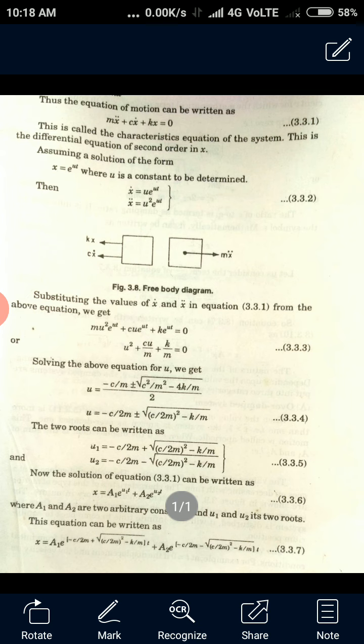Now substitute the roots u1 and u2 from 3.3.5 in equation 3.3.6.